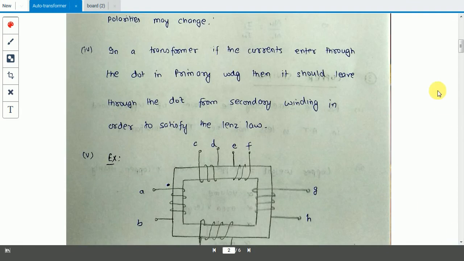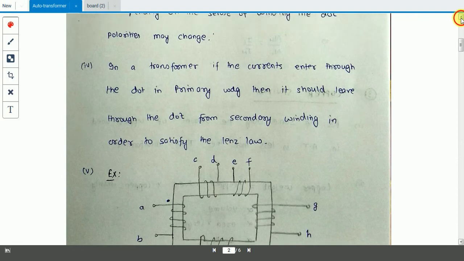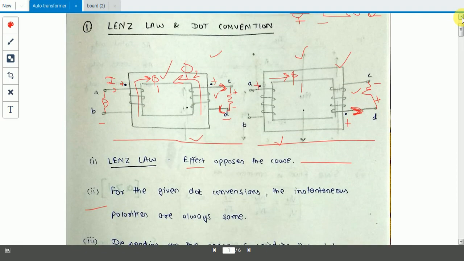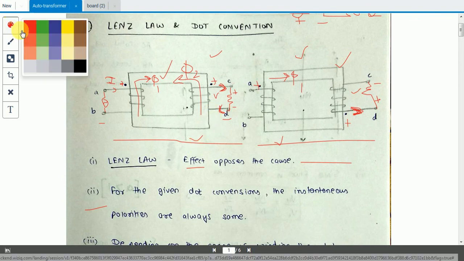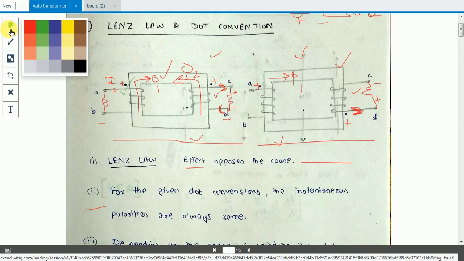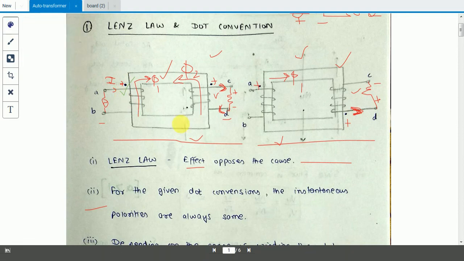Now one more observation that is very important, for which I took up this Lenz law case: for Lenz law to be applicable in a transformer, if current is entering the dot in one terminal, it has to exit the dot in the other terminal.